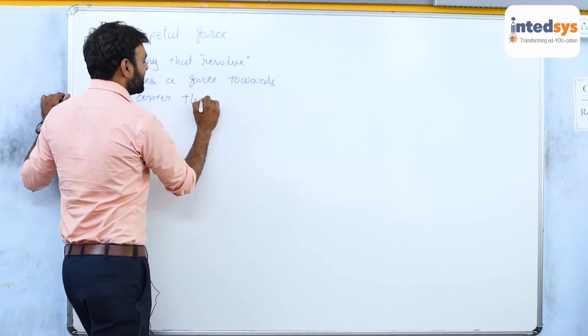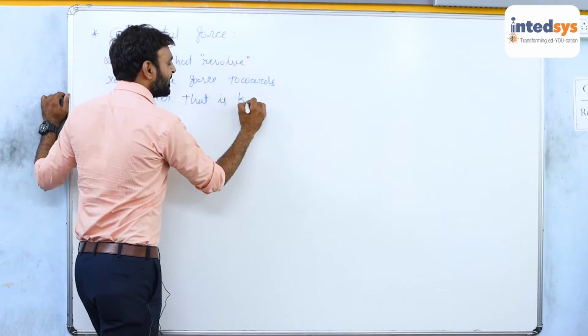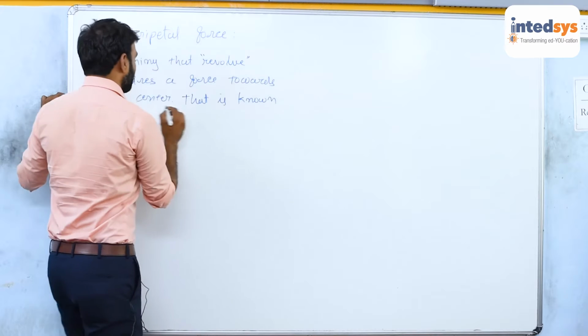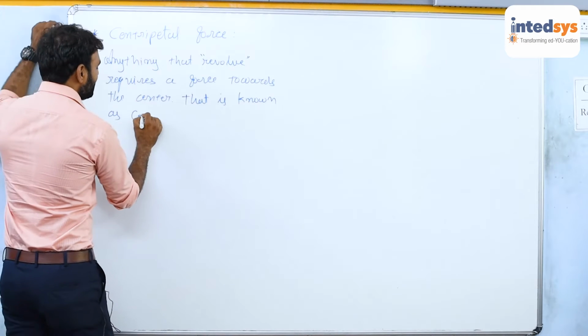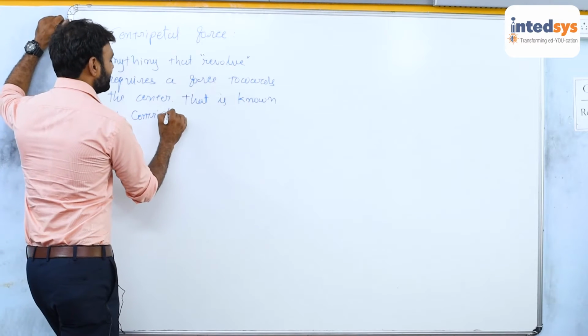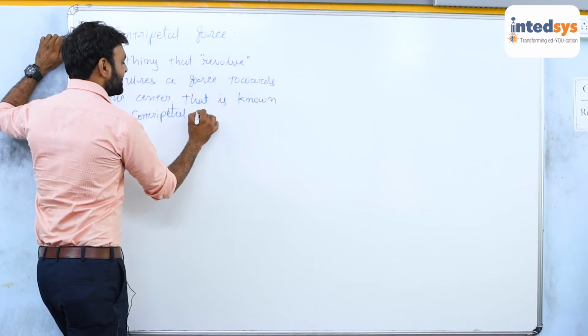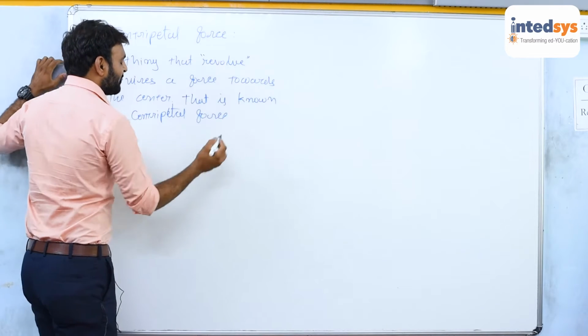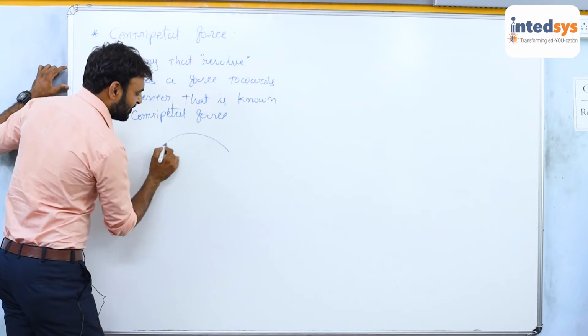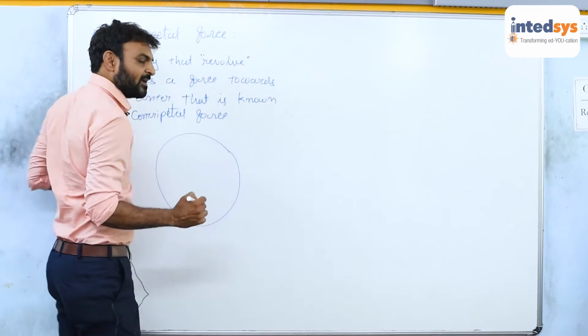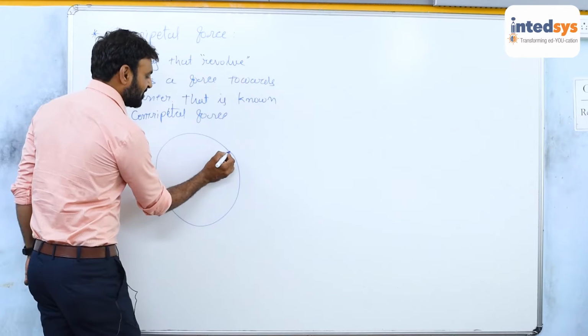That is known as centripetal force. For example, suppose there is a particle of mass m that is revolving over a circle of radius r.